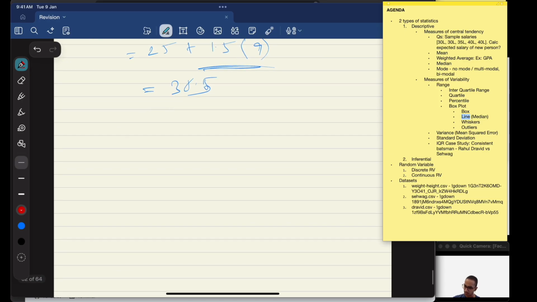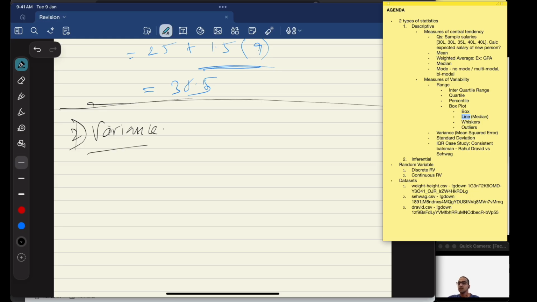Let's go to the next topic, which is variance. Again, the definition for variance and standard deviation, they are all the same. We are just trying to find the spread of the data. The difference is in the units.